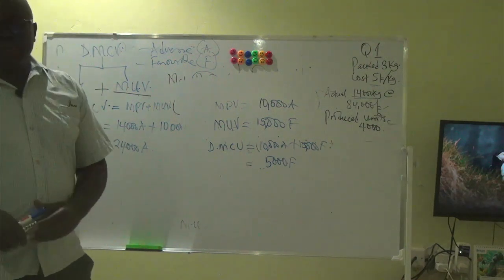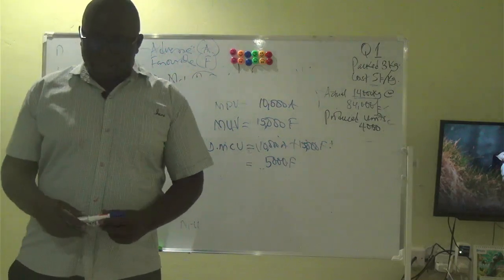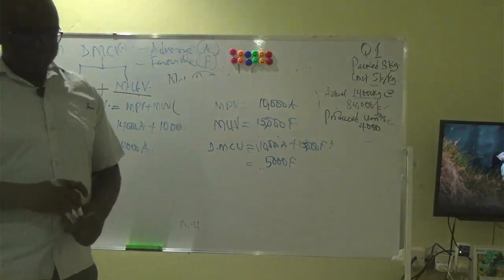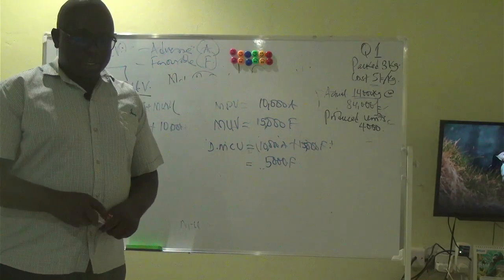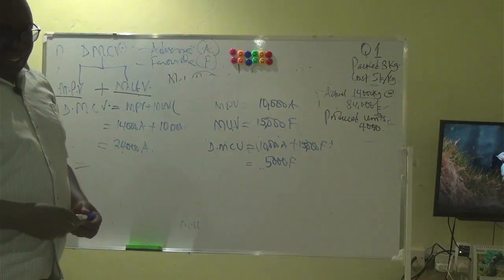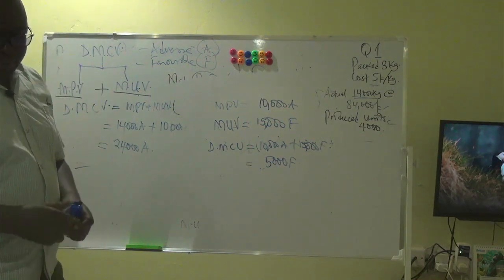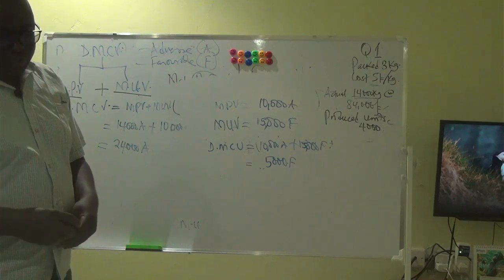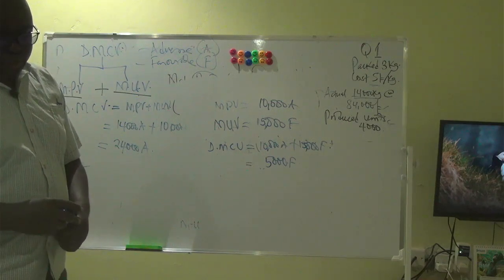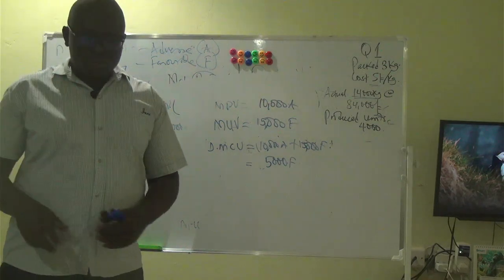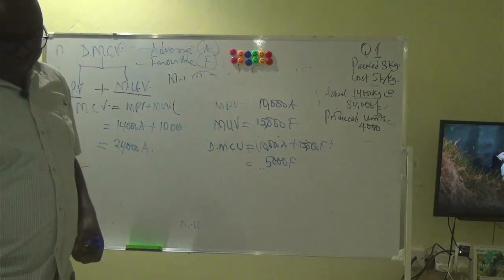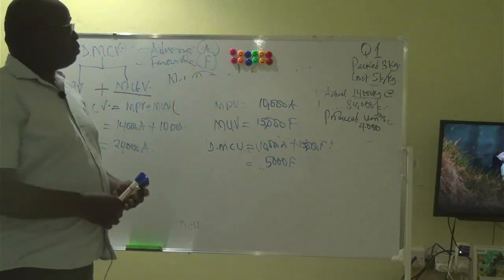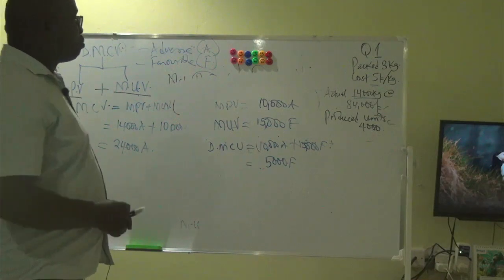So let me give you this takeaway assignment that we'll be working with. Cuman Company Limited used the following material for producing product Q2.